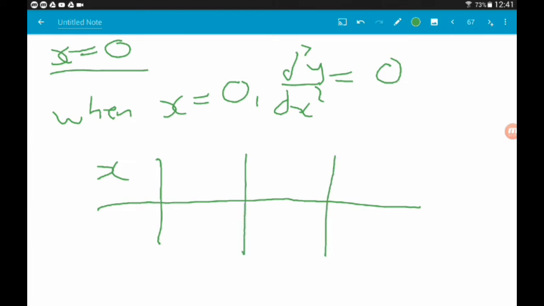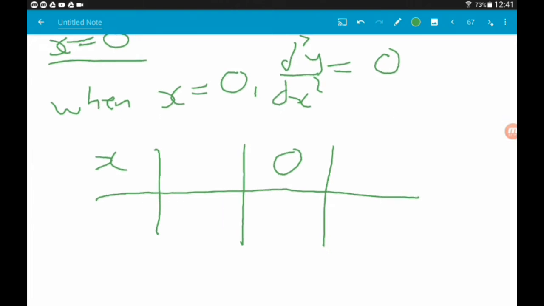We know that our stationary point happens at x equals 0. So let's put that in the middle. So that gives us a value for dy by dx, or the gradient, as 0.